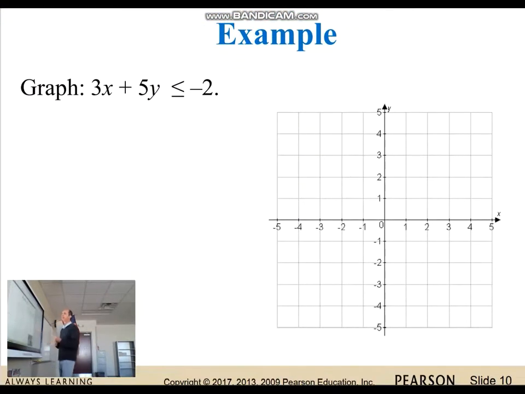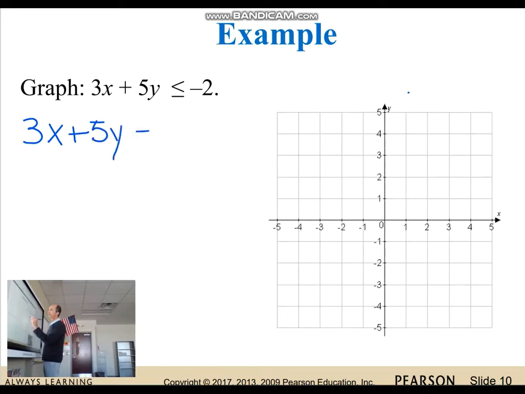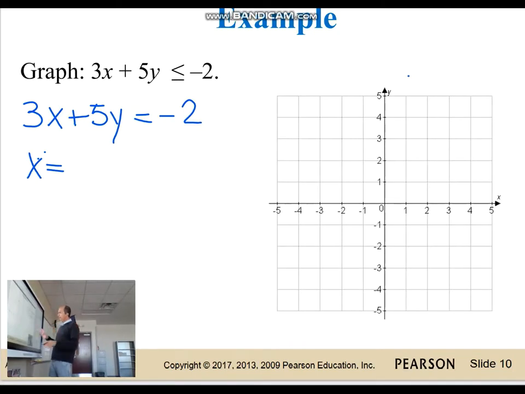We have here, graph 3x plus 5y less or equal to -2. The first step, find the boundary. The boundary is 3x plus 5y equals -2. We can make x equals 0 and find y, and y equals 0 and find x.